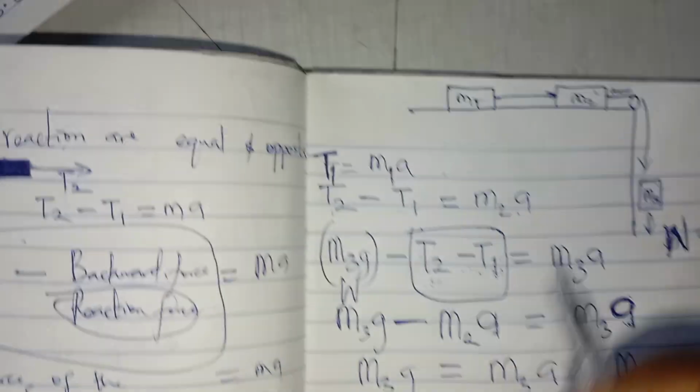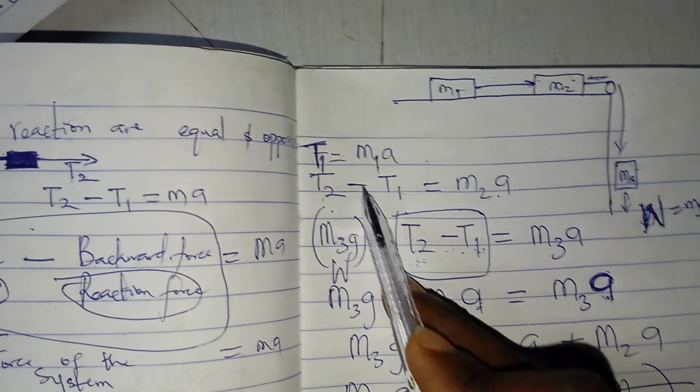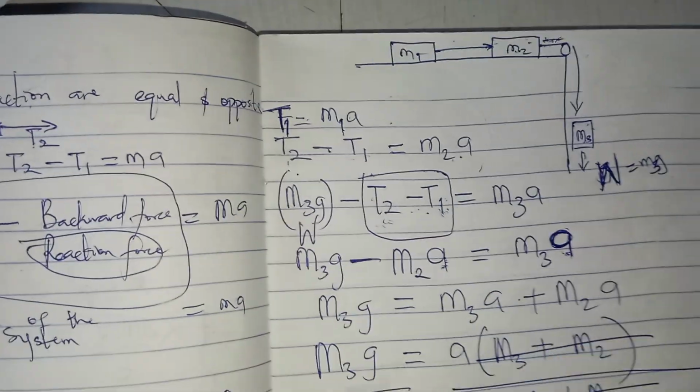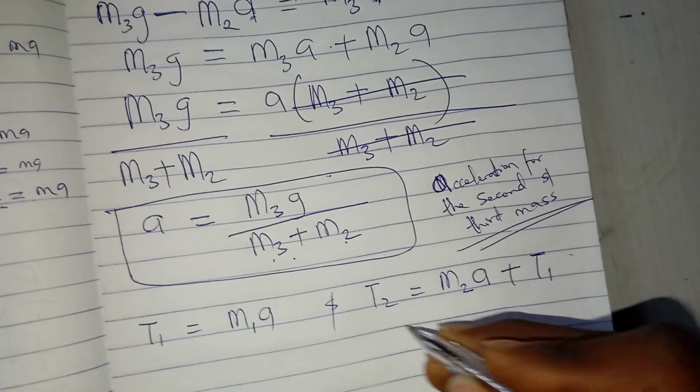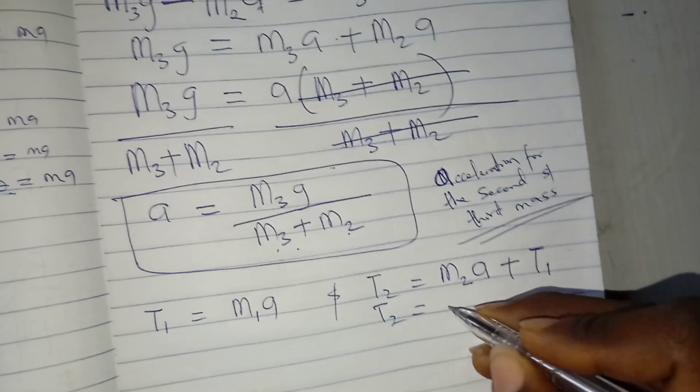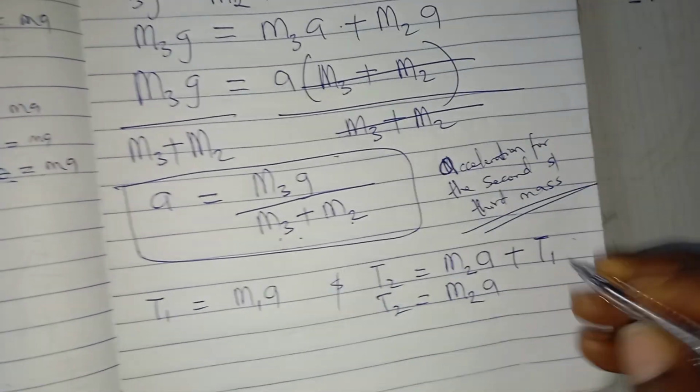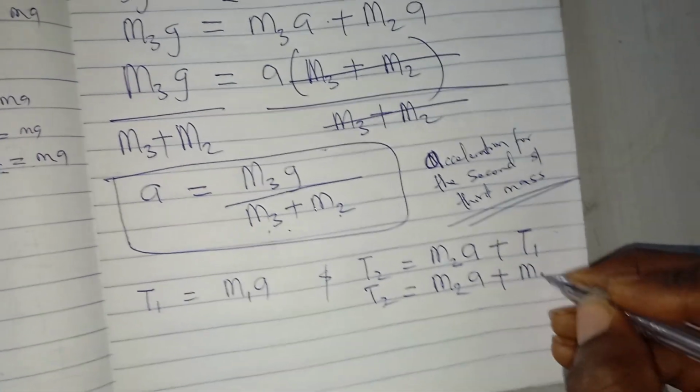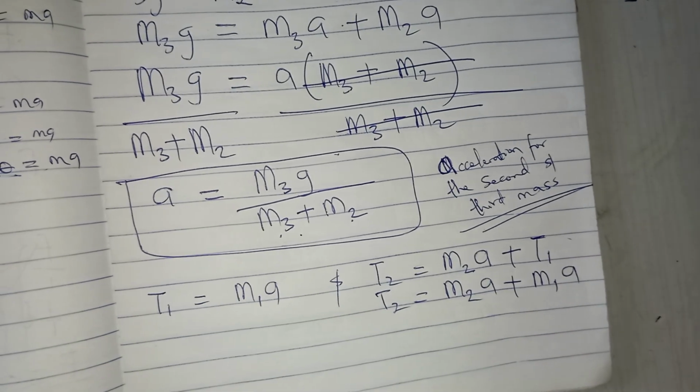That is, see this here. If you try to make this cross over, it will become plus T1. So T2 is the same thing as saying M2A plus M1A.